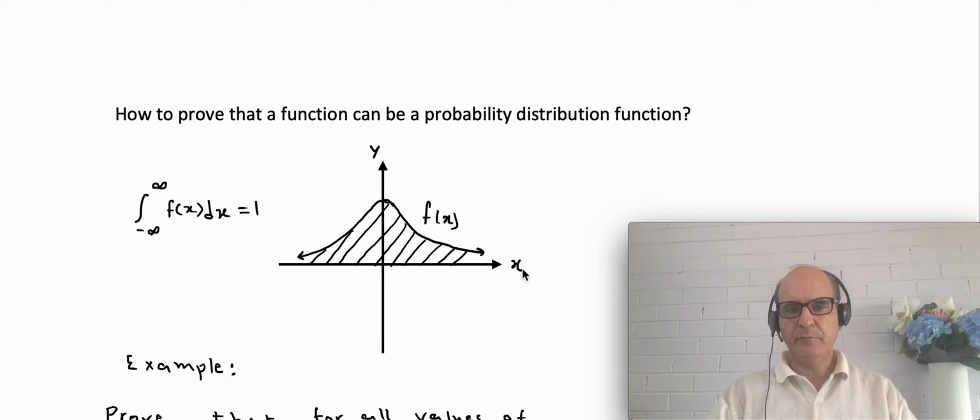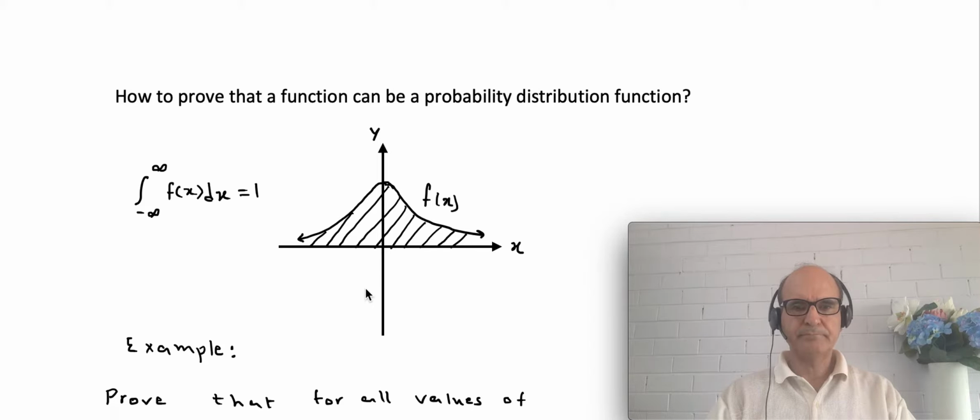event of x, then my f of x will define a probability function if the area under it all the way from minus infinity to infinity is equal to 1, and that is equal to a probability of 100%.